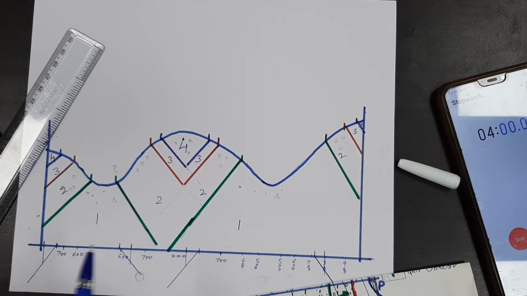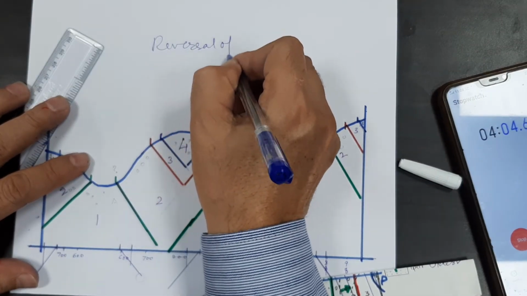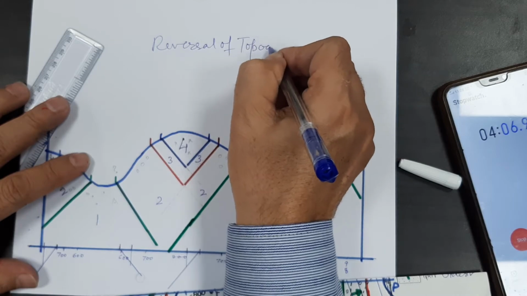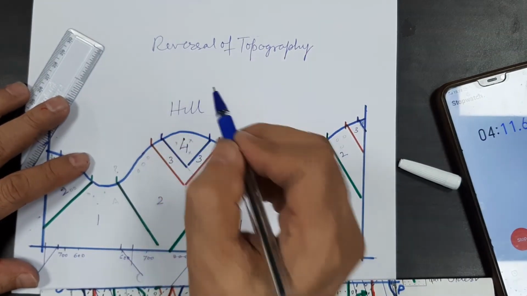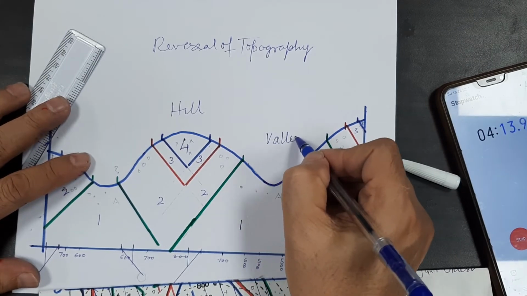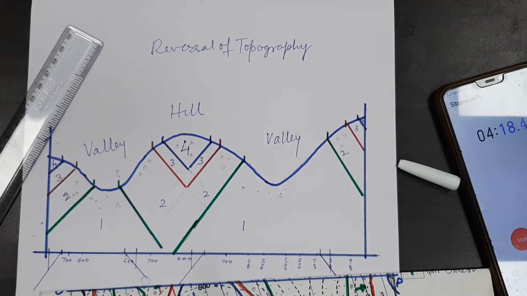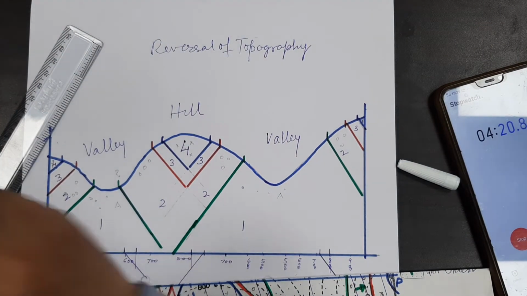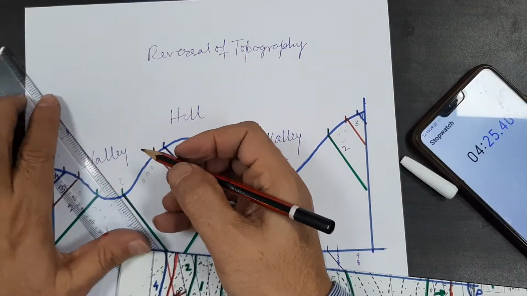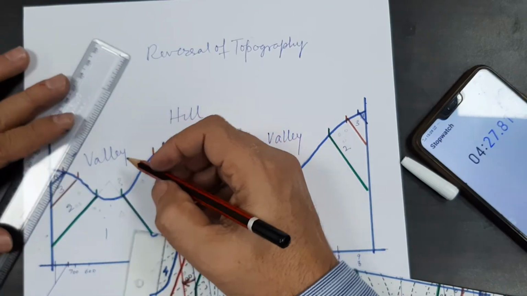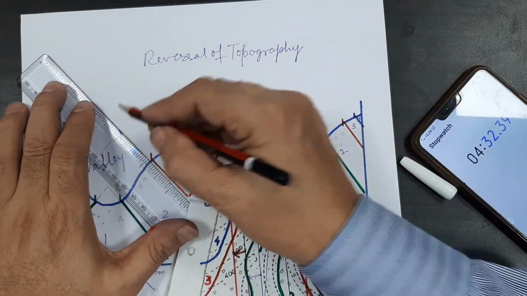I have already explained the reversal of topography, where you have seen that in the anticline we have a hill and in the syncline we have a valley. So this is the reversal of topography. The structure when it originated must have been like this.